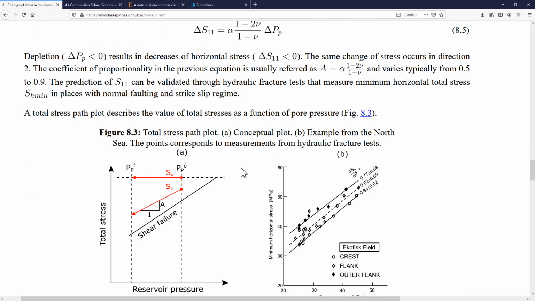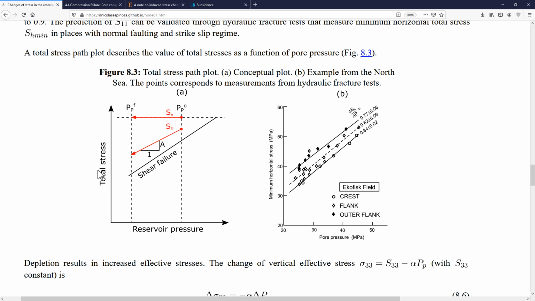And this is what we can see in theory and also in actual measurements in the reservoir. Here we're plotting on the y-axis total stress and on the x-axis reservoir pressure. So the initial condition at the high reservoir pressure is, let's say, somewhere over here. Initial pore pressure PP0 and final pore pressure PPF.